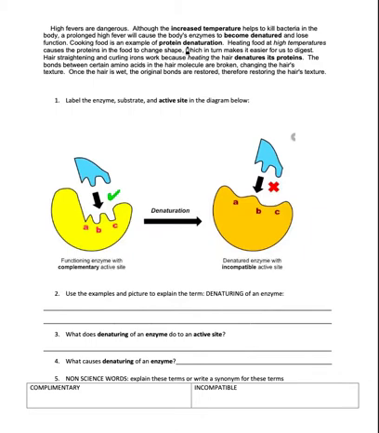When it's exposed to temperature or a different pH, the active site becomes completely different. It changes the shape of the active site, and the enzyme becomes denatured. Therefore, it's either not going to work at all or it doesn't work as well.